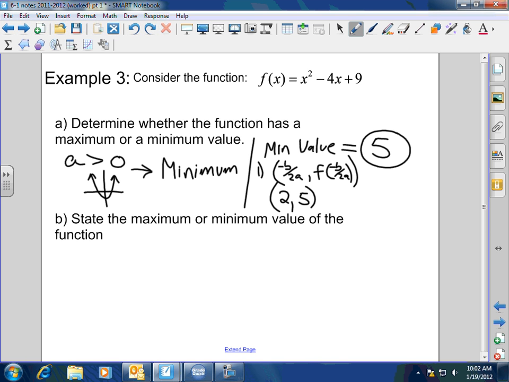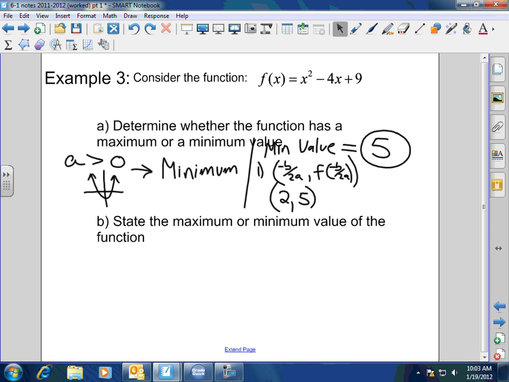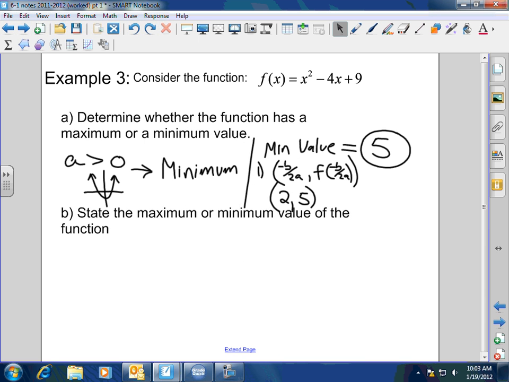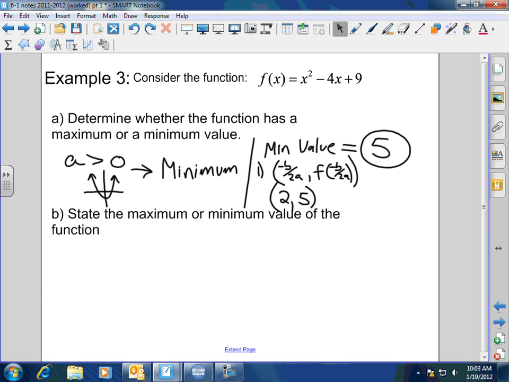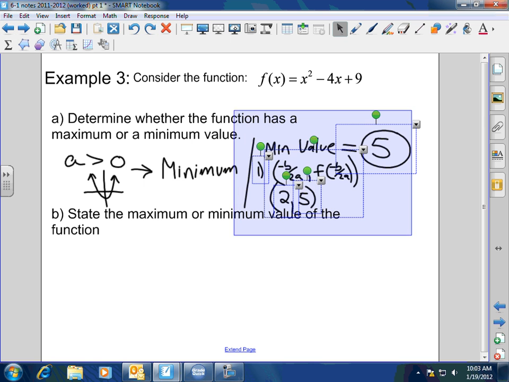No, thank you. We did A and B already. I'm sorry. I should have been paying attention. Determine if the function has a maximum or a minimum. It has a minimum. Sorry about that. I should have been paying more attention. No, that ain't going to work.